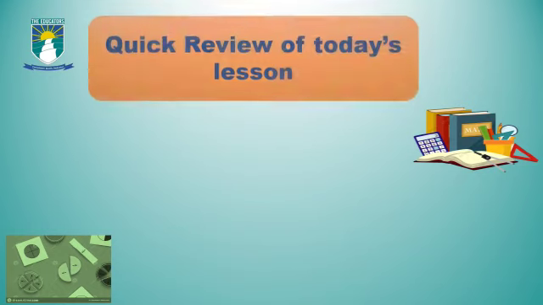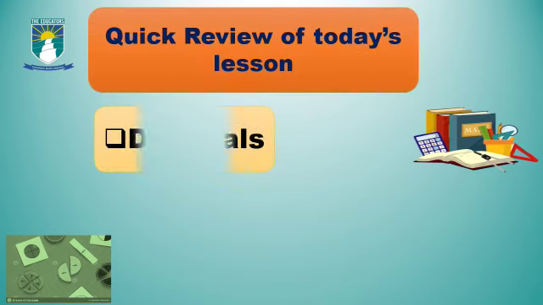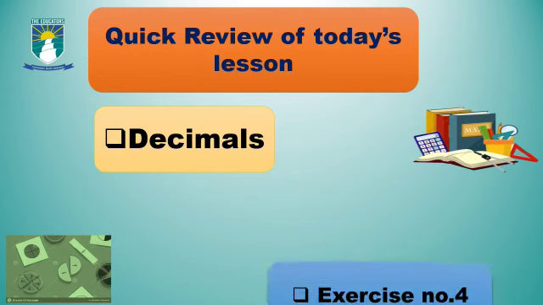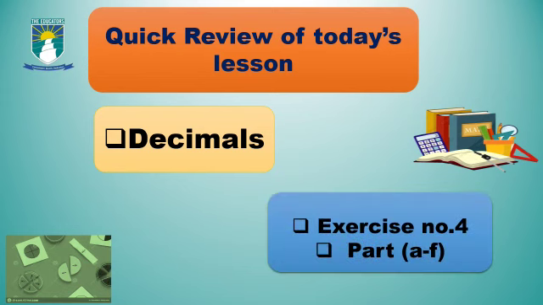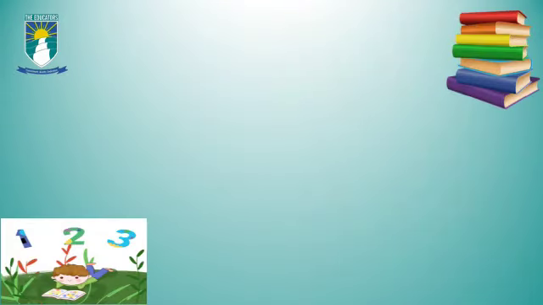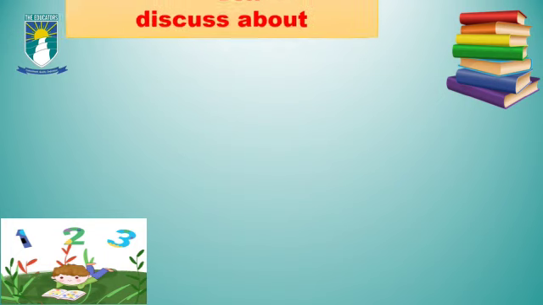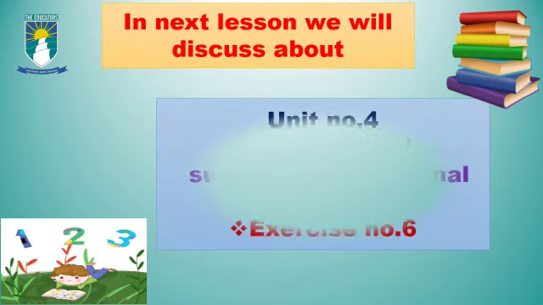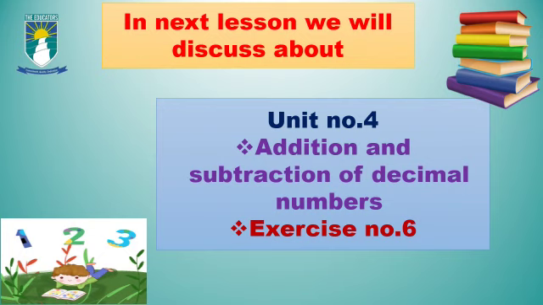Let's have a quick review of today's lesson. Today we have learned about decimals and we have solved the sums of exercise number 4. In the next lesson, we will discuss unit number 4, addition and subtraction of decimal numbers, and we will solve the sums of exercise number 6.